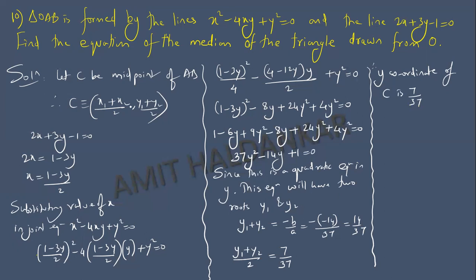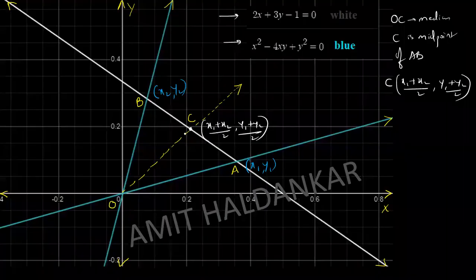Okay, so you got the y coordinate of C. Now this C also lies on this line, 2x plus 3y minus 1. So I'll substitute the value of the y coordinate over here to get the x coordinate.